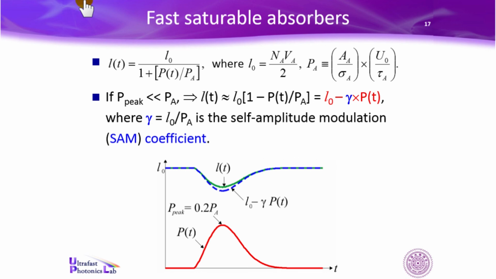If you use the approximated formula, you get the blue dashed curve. If you use the original formula, you get the green curve. So basically, they agree well with each other to some extent. But if your peak power is stronger and stronger, the difference could be larger and larger, and eventually this model is no longer accurate. Okay.